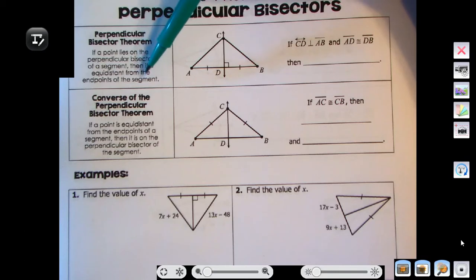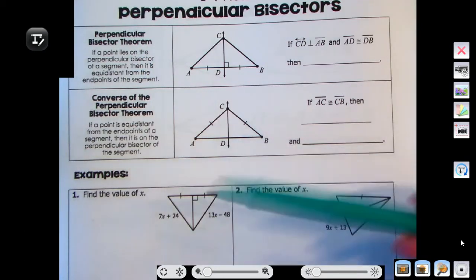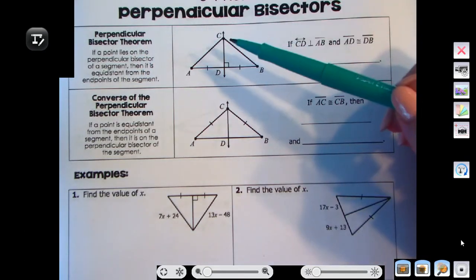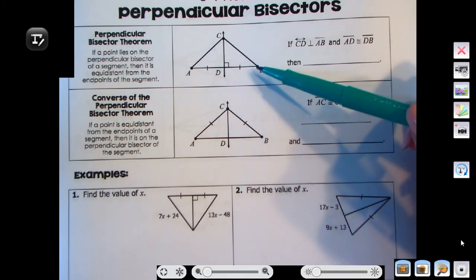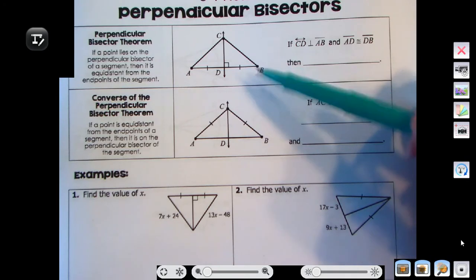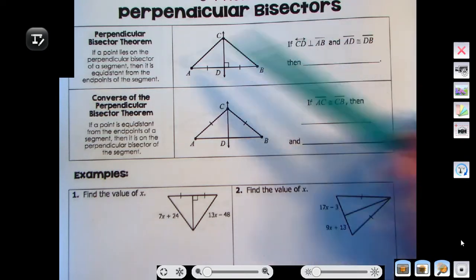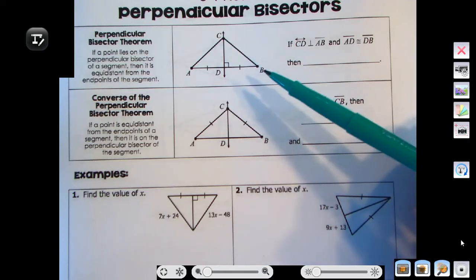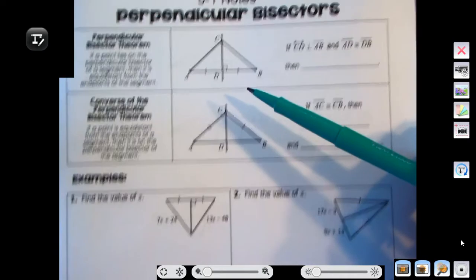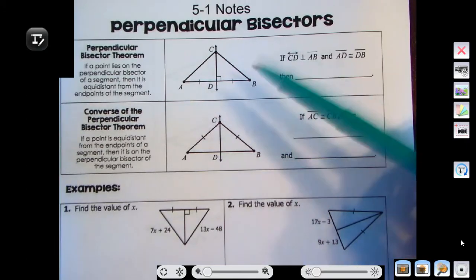So equidistant means equal distance. So that means it's the same length from the end points of the segment. So basically what that is saying in so many words is that these two side lengths right here are congruent, okay? Which we used to prove with a whole long proof.